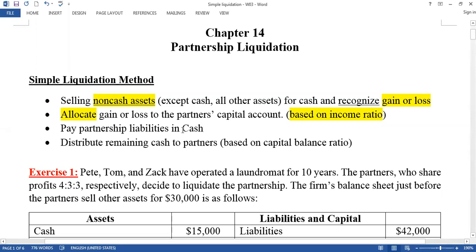Now, whenever we have available cash, we have to pay our liabilities. It means that as partners, we are the owners, so we cannot receive money before we pay the liabilities.